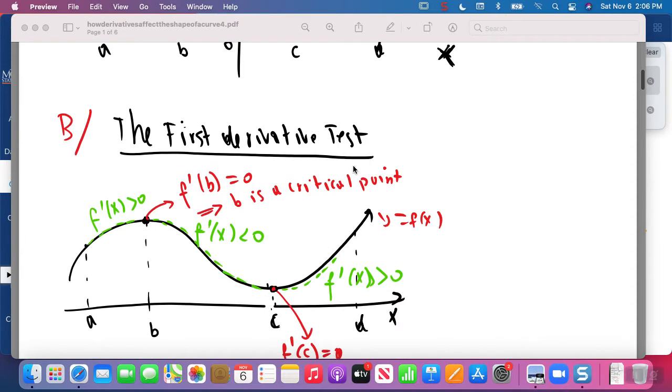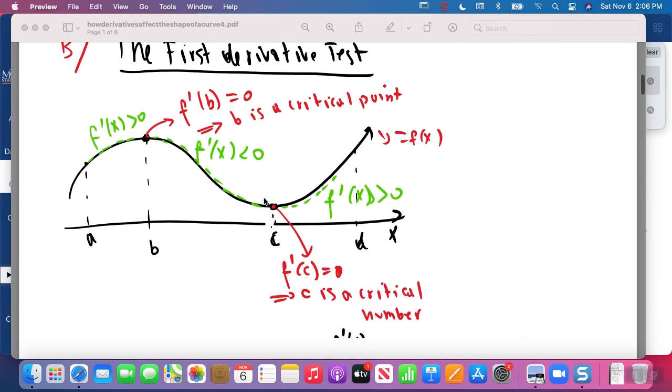For the first derivative test, basically it says this: if f prime is positive on (a, b) and then negative on (b, c), so basically what happened is the first derivative is changing signs from positive to negative at this point x equals b.